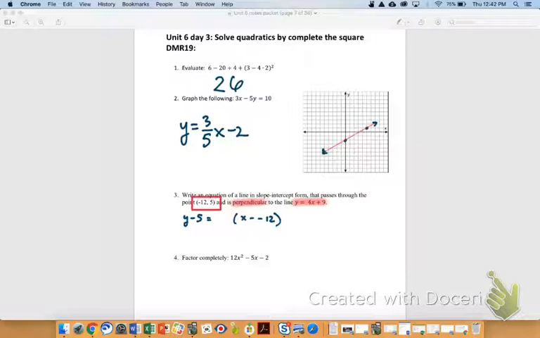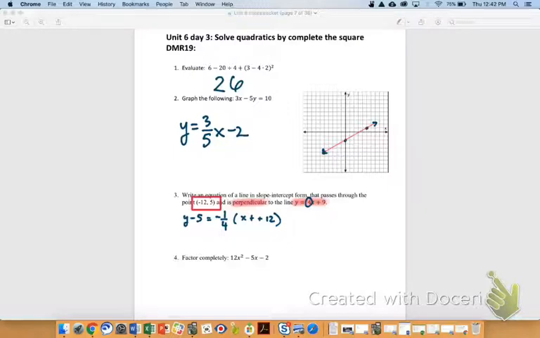Opposite means you change the sign, right? So what's the slope of that red line that I have highlighted up there? 4. The slope is 4. So the reciprocal of 4 is 1/4, and its opposite is negative 1/4. Yeah. So now I know what my slope is. It's right there. So really, to be honest with you, that's a really good equation of the line. It's just that the question said, please put it in slope-intercept form.